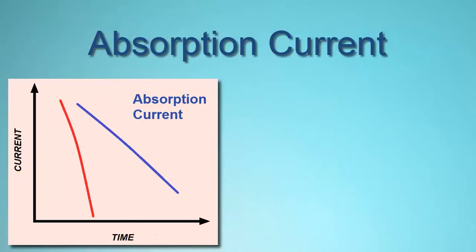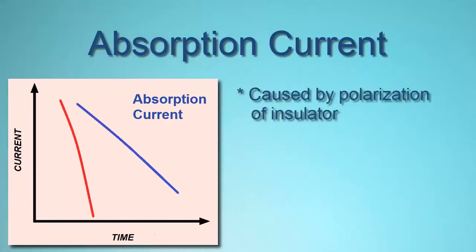Absorption current, also called polarization absorption current, is caused by the insulating material becoming polarized by the electricity flowing through the conductor. As the polarization level increases, the absorption current decreases. This gradual change reflects the storage of potential energy in and along the insulation. As a result, resistance is initially lower and then rises.